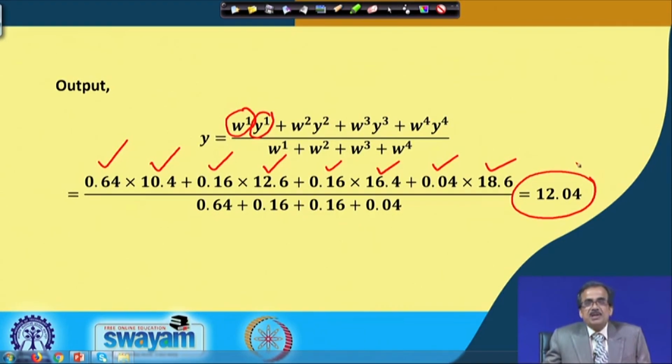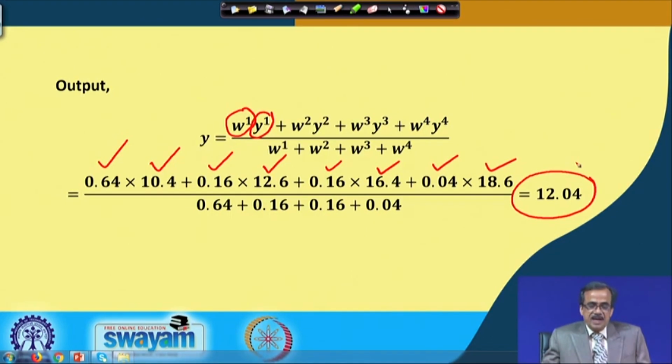So, using this particular technique, that is Takagi and Sugeno's approach, we are able to find out the control action or the output for a set of inputs.